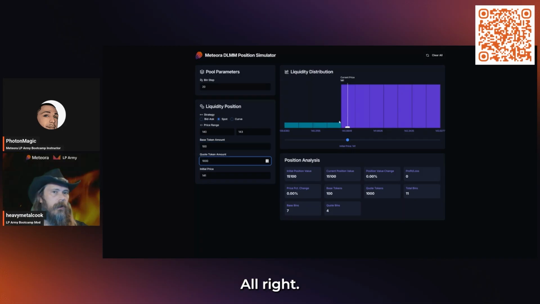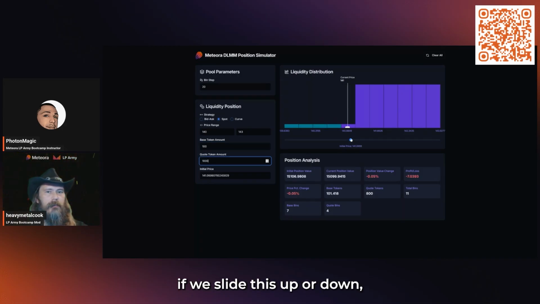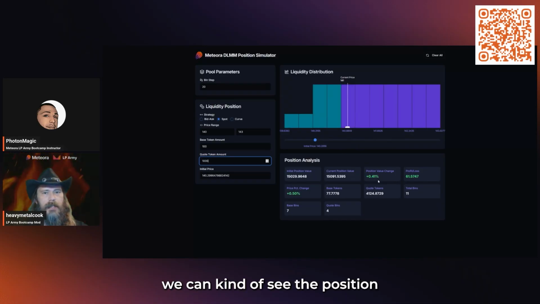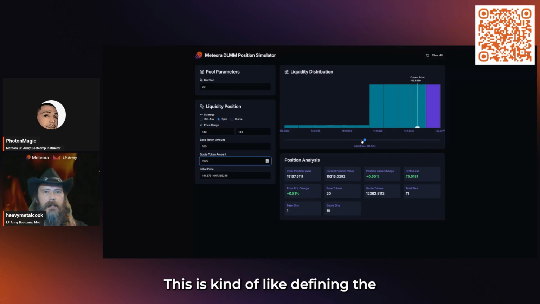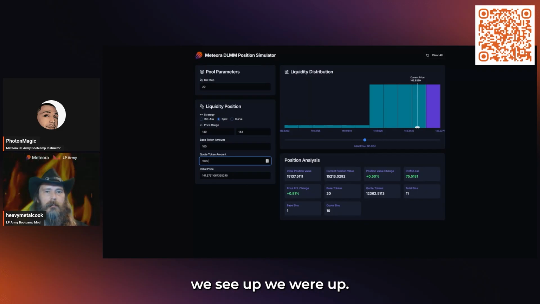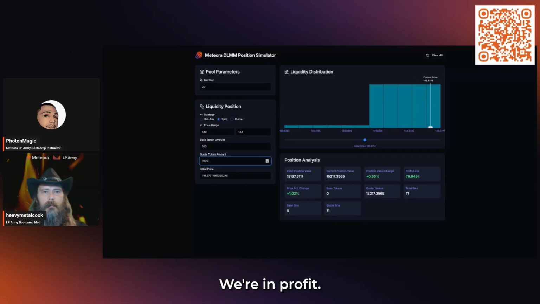It didn't. All right, we can see it's kind of imbalanced here, but what we do here is if we slide this up or down, we can kind of see the position value change, our profit and loss on that. If we go up, we'll see it's going up here. This is kind of like defining the initial price here. We see up, we're up, we're in profit.